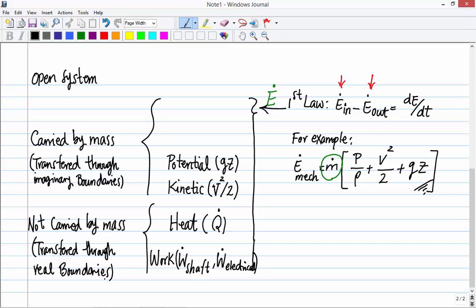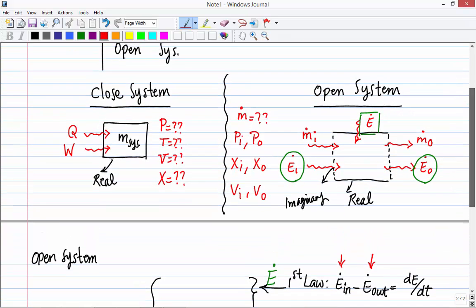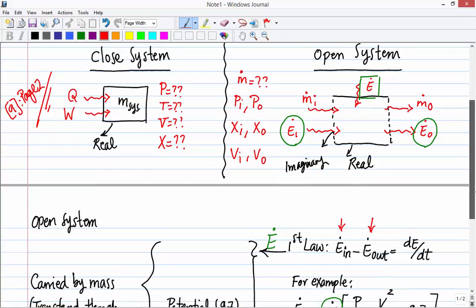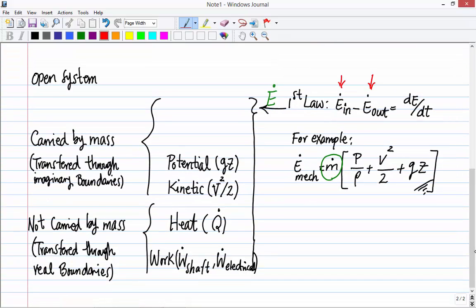Okay, great. So that's it. So we have covered here all different types of energies that can come into our system or leave our system. I forgot to tell you that for closed and open system you can check out lecture number 9, page 2, and here lecture number 3, page 8.